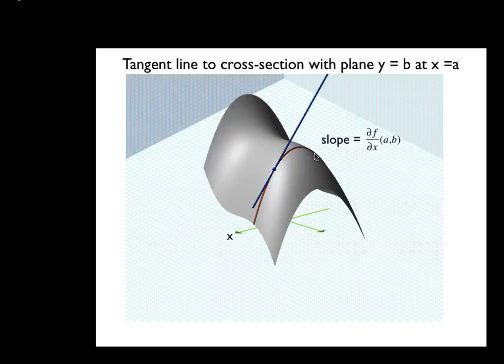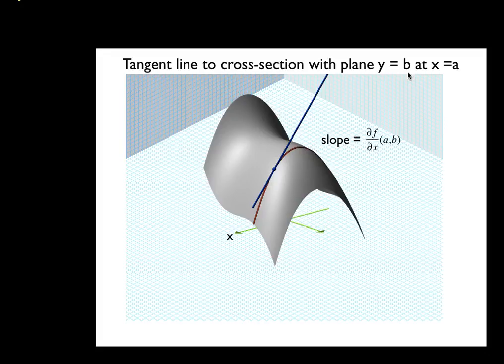So there's the slope of a tangent line at a point, and that's what the partial with respect to x is telling you. When you take the partial with respect to x, you can think of that as the slope of a tangent line to the cross section you get when you intersect the surface with the plane y equals b.